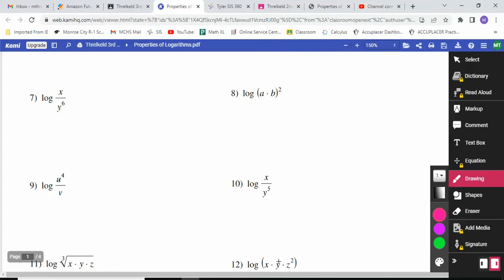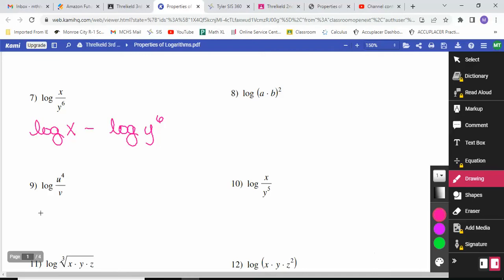Number 7. How would we write this? Log x minus log 6. So if things are divided, you do the log of the top minus the log of the bottom.